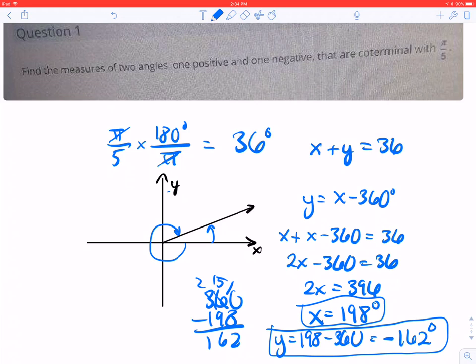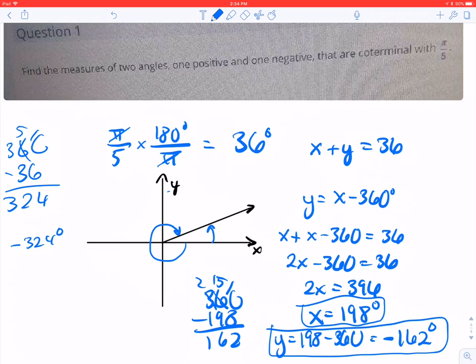It seems like you would just do 36 degrees, and then 36 minus 360. If you subtract, 360 minus 36 is 324.